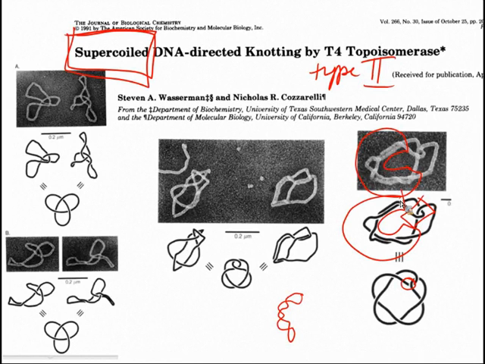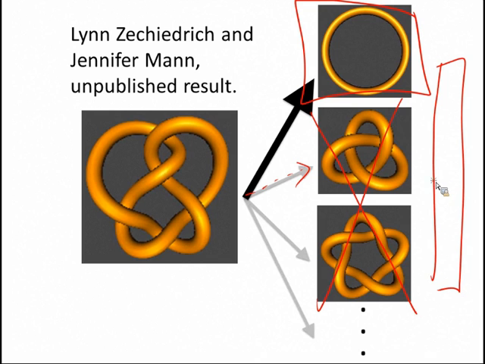They didn't see this. Now, I put light gray because in terms of the methods to see things, the methods where they visualize this thing is they run it on a gel, and they saw their product. So they see a 5-crossing product, and they see the unknot, but they didn't see anything else.